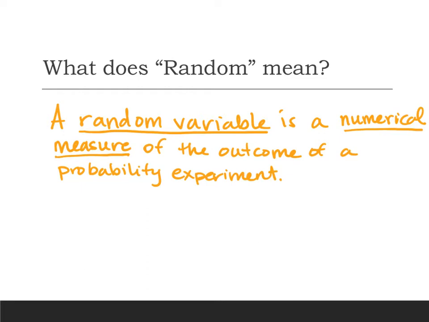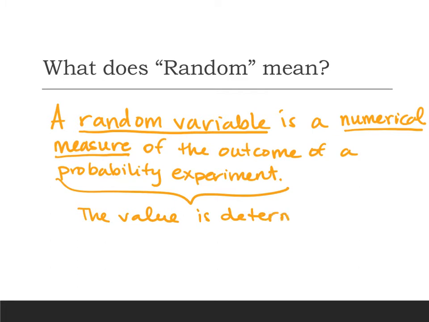And one thing to note is that this idea that we have a probability experiment means that the value is determined by chance. And so I have some sort of probability situation going on. I'm flipping a coin, rolling a die, things like that.